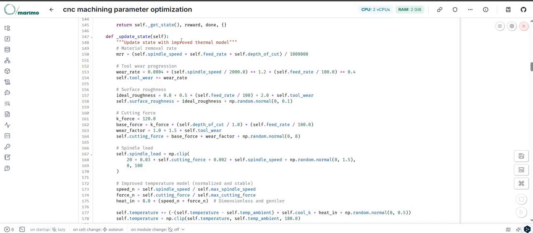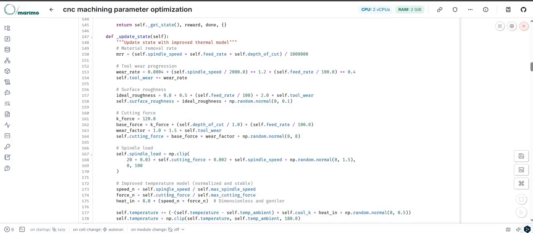Surface roughness is estimated as 0.8 plus 0.5 times feed rate over 100 plus 2 times tool wear, with some random noise. And cutting force is calculated using a base factor times depth of cut times feed rate multiplied by a wear factor that grows with tool wear. The spindle load is estimated as 20 plus 0.03 times cutting force plus 0.002 times spindle speed, again with noise and clipped between 0 and 100%.